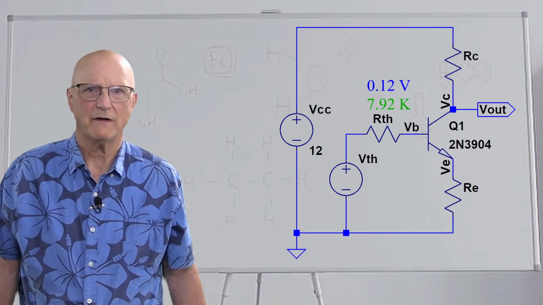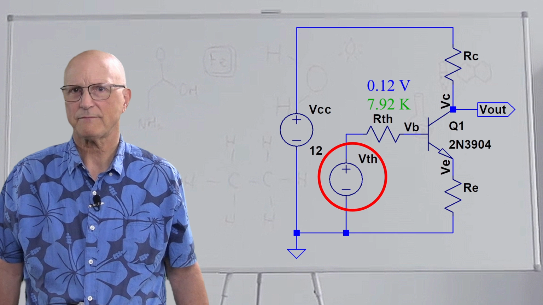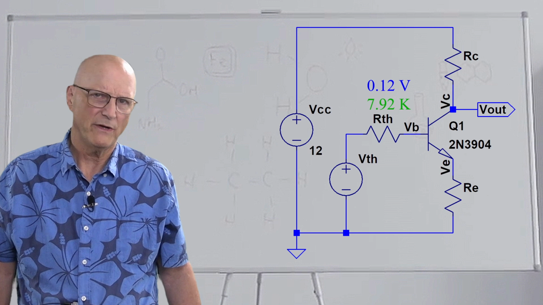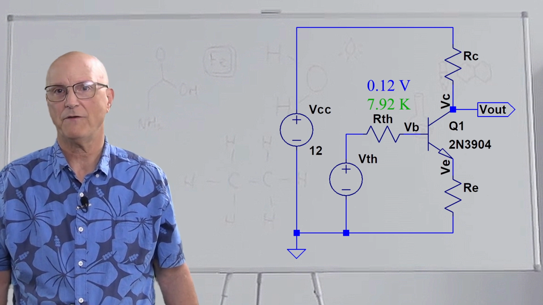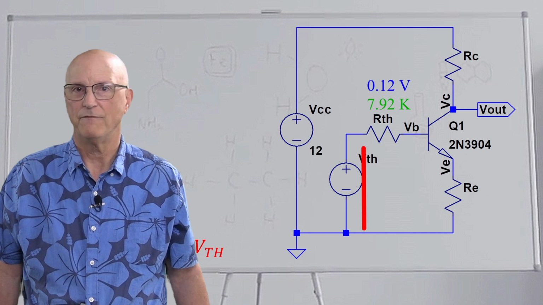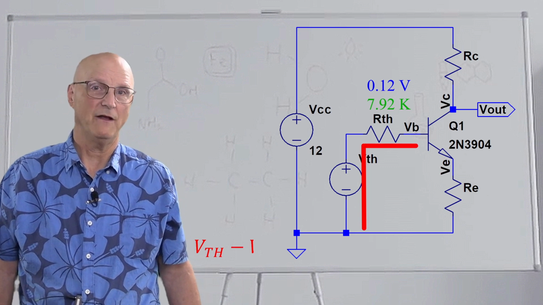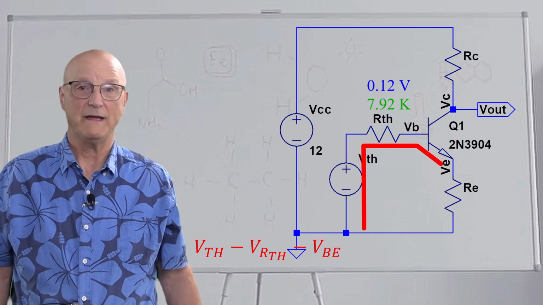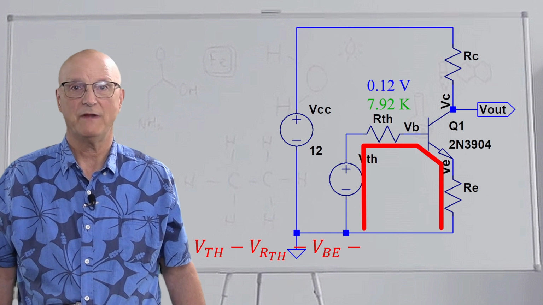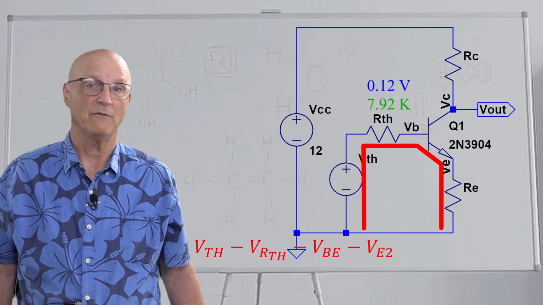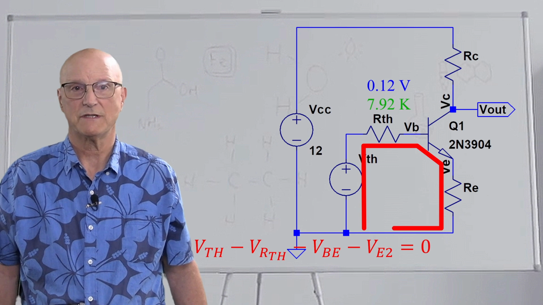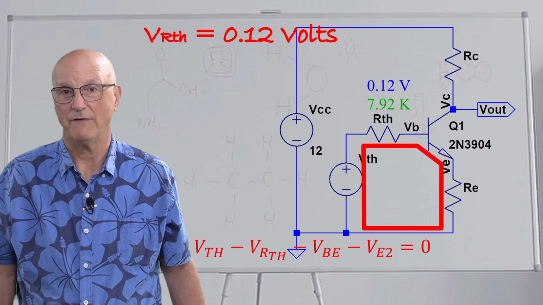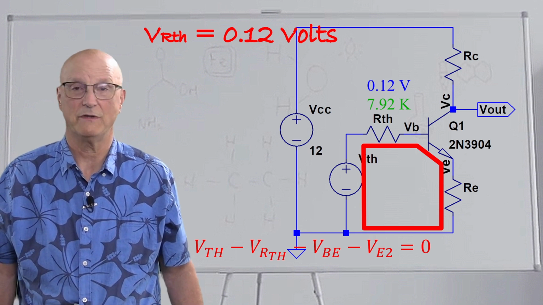Now we can turn our attention to finding V Thevenin. To do this, we have to use Kirchhoff's voltage law. Following the loop around the base emitter of Q2, we know that V Thevenin minus the voltage across R Thevenin minus the VBE, the base emitter voltage, minus VE2, the voltage on the emitter of Q2, is equal to 0. The voltage across R Thevenin is 0.12 volts, as we just calculated.